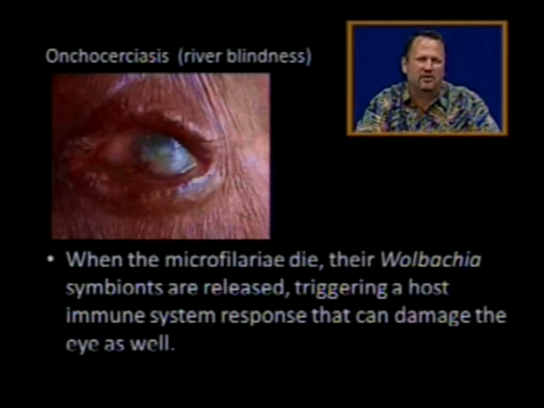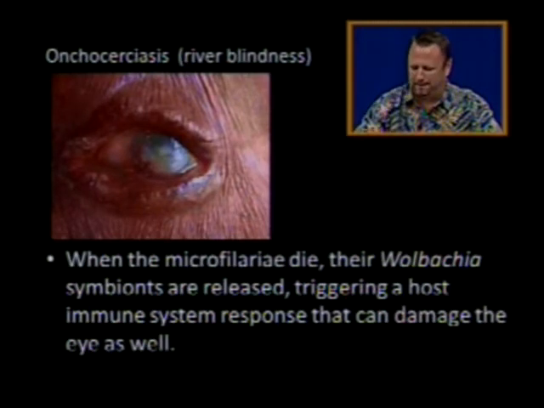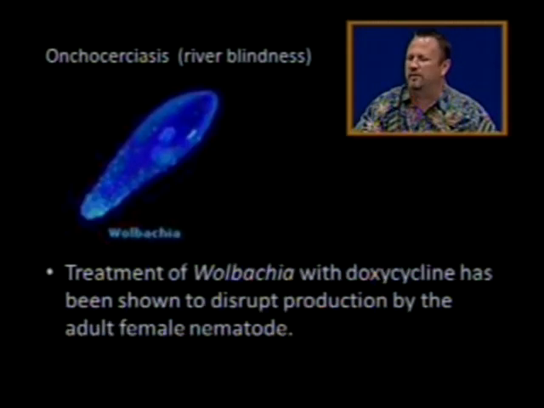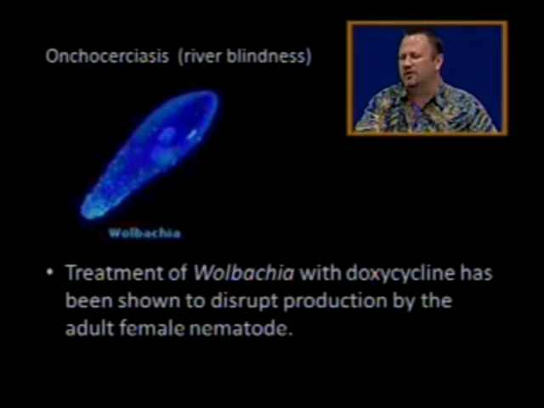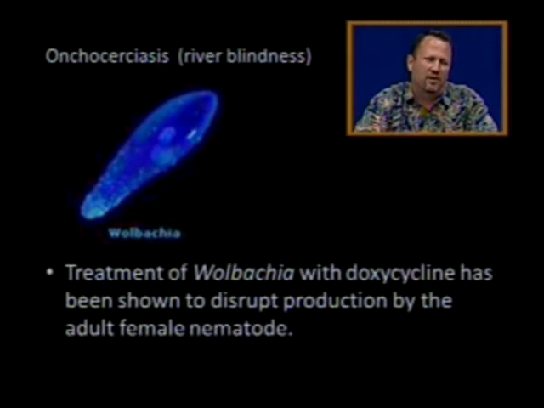So part of the damage to the eyes, part of the inflammatory response to the onchocerciasis, is caused by the release of these bacteria from the worms when the worms die. Treatment of Wolbachia with doxycycline has been shown to disrupt production by the adult female nematode. In other words, the adult female worm relies on these bacteria for a normal part of her physiology, and treating this bacteria interferes with the worm's ability to reproduce.